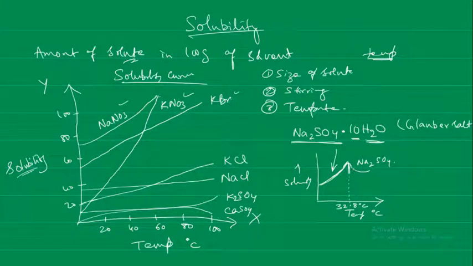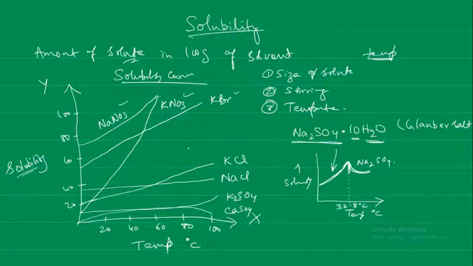Why this decrease in the solubility after this? So there are two important terms. One is the endothermic and one is the exothermic. Endo means inside, exo means outside. Okay, thermic means something to do with the temperature, thermal.